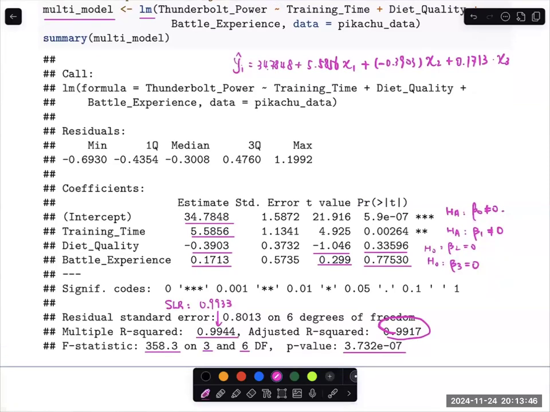So that's the reason why sometimes we prefer to use the adjusted R-square rather than the R-square to judge whether the model is good or not. But similar to the multiple R-square, the larger means the better fitting. When we talk about the adjusted R-square, we prefer to choose the model which has the larger adjusted R-square if the data is fixed.